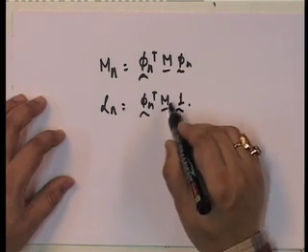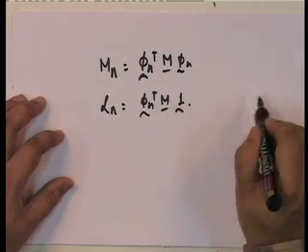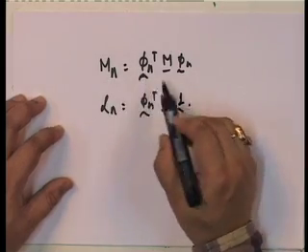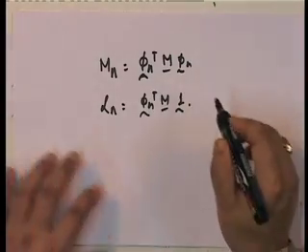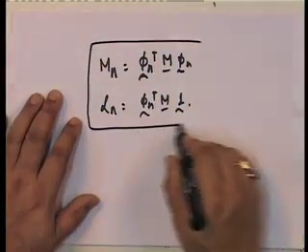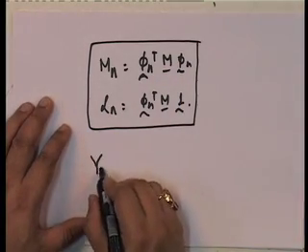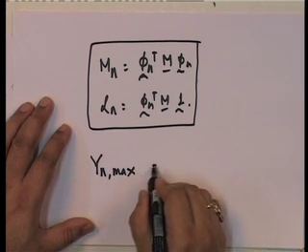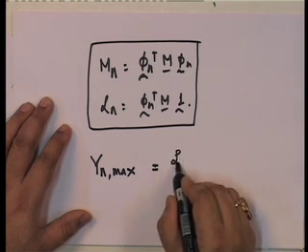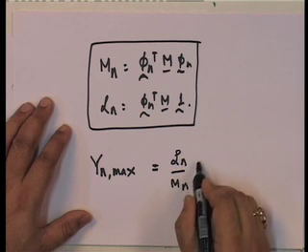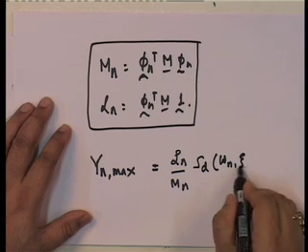L star was m bar x psi x into 1 dx, and the m star was m bar x psi squared x dx. So, exactly the same kind of concept, and all that we get is, if I want to look at y n max, what is my y n max? If you look at it, y n max is nothing but Ln upon m n into Sd, which is a function of omega n and xi.